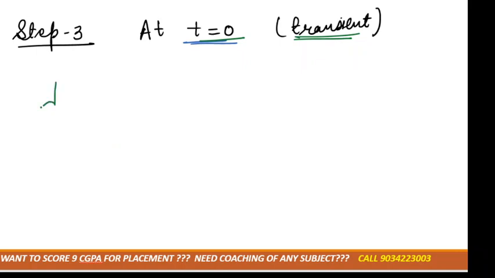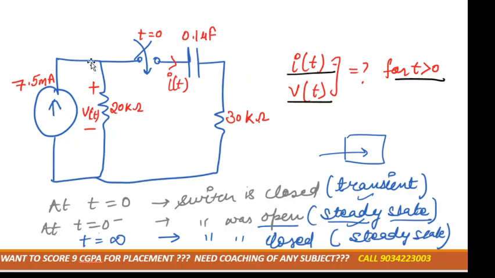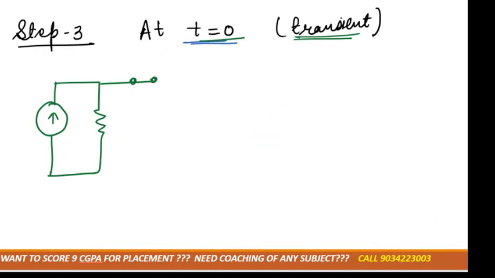Okay, again I am drawing the circuit. This is a current source, this is a resistance. Now is the switch closed or open? Closed, right? At t equal to 0, because we are changing that. Earlier it was open. Now at the transient condition, if there is a capacitor, it will behave like a capacitor only.